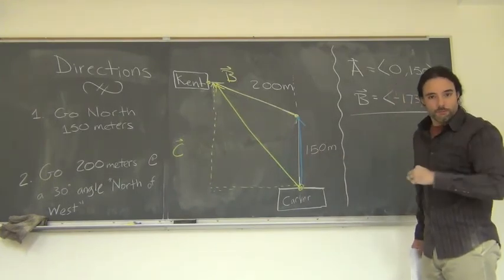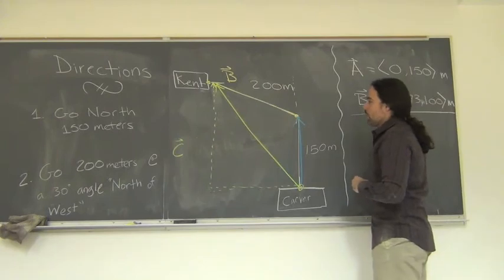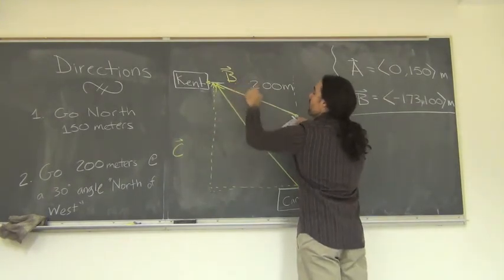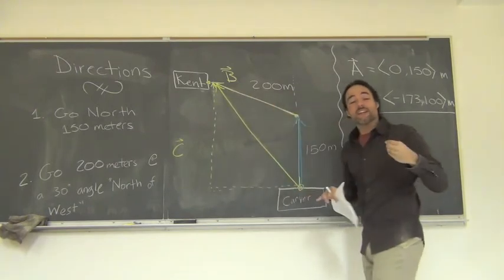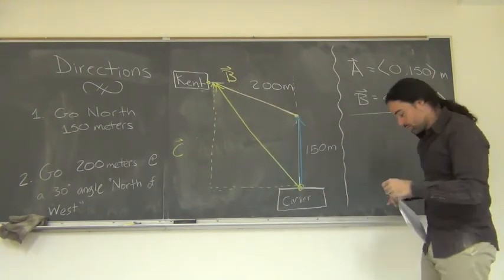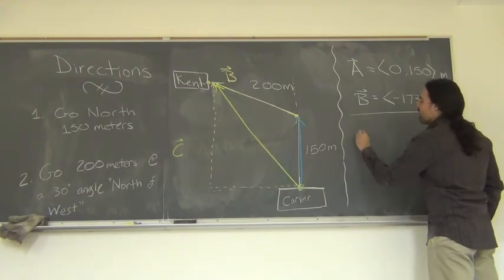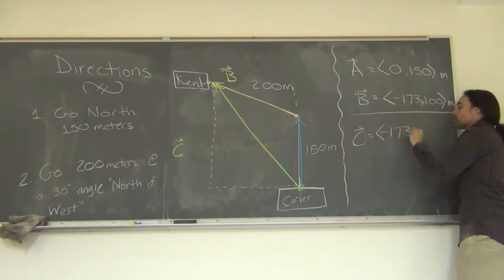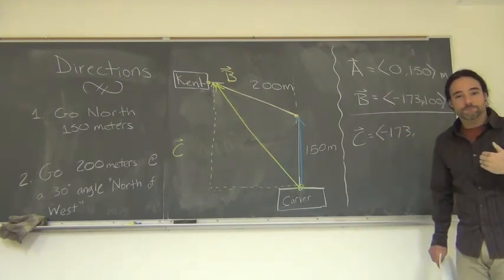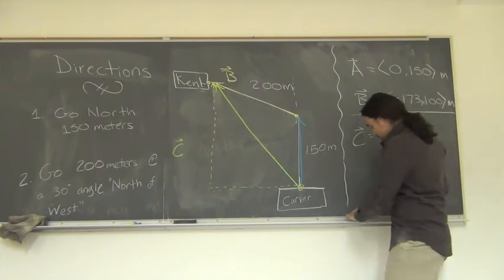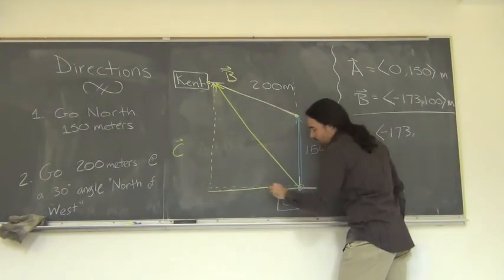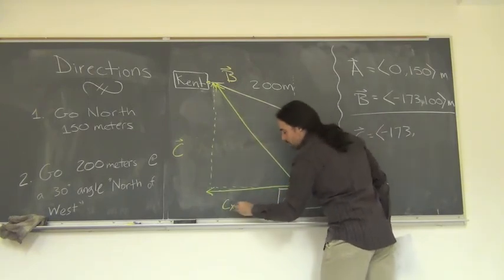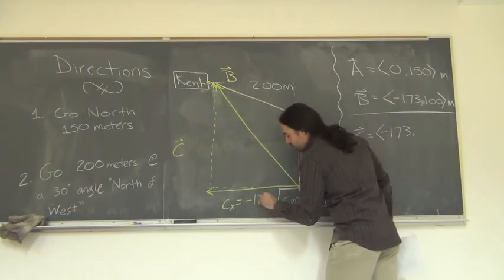It just went straight up in the y direction. Which means the only change in the x direction came from vector B. Vector B went negative 173 meters in the x direction. Therefore, vector C has to go negative 173 meters in the x direction. So the x component of vector C is minus 173 meters.